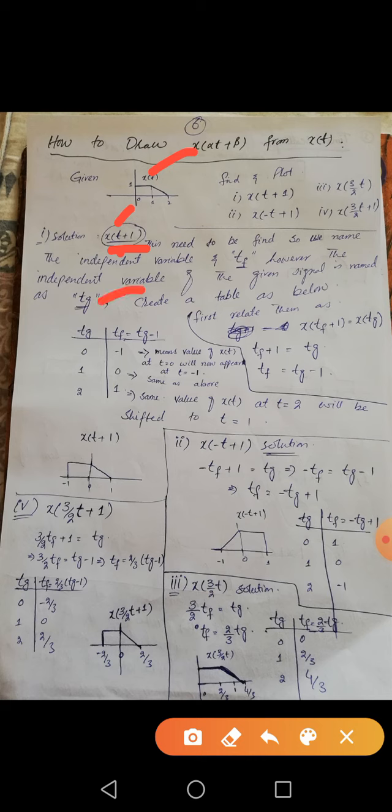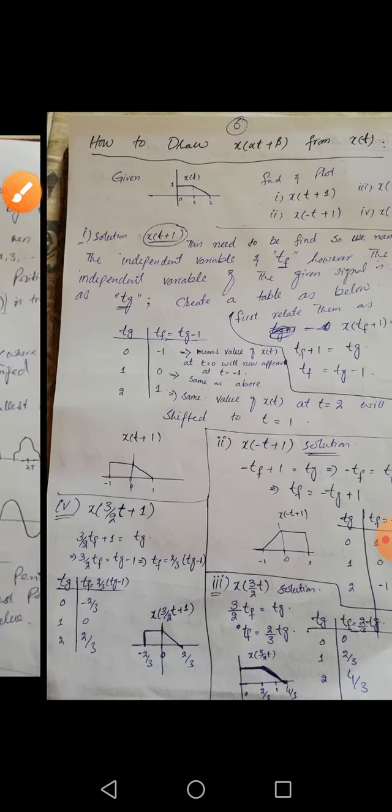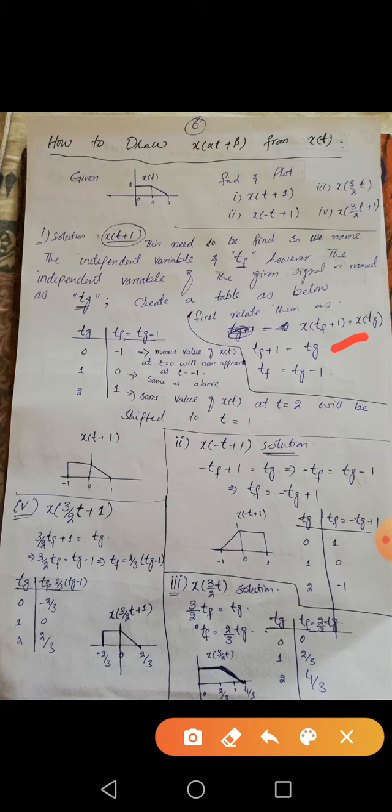So they are related as tf plus 1 is equal to tg. They are related over here. tf plus 1 is equal to tg, and tf is equal to tg minus 1. So we need to create this table. So tf is equal to tg minus 1.